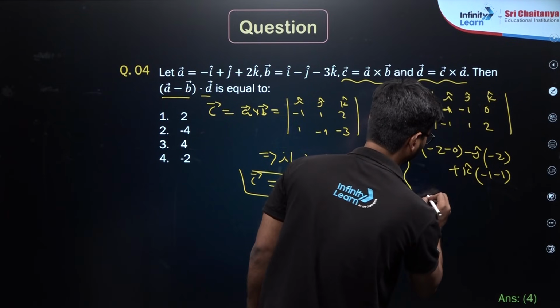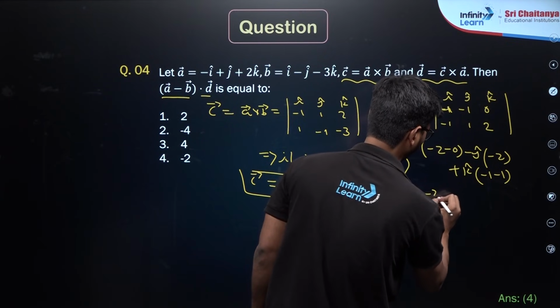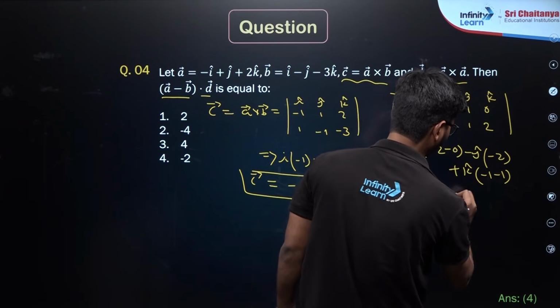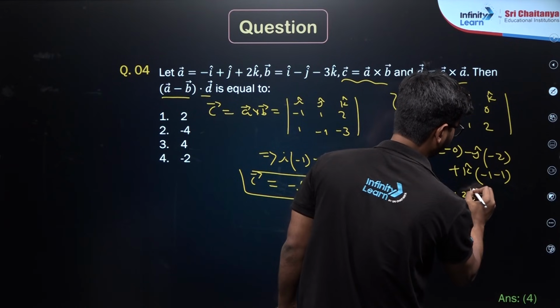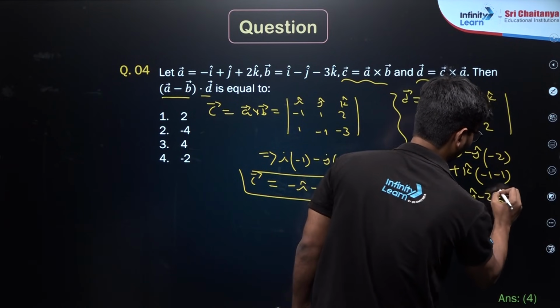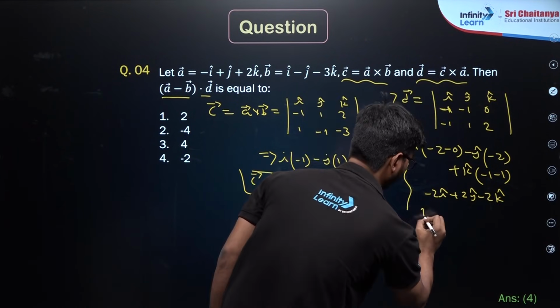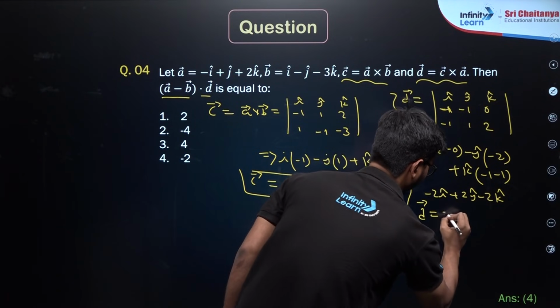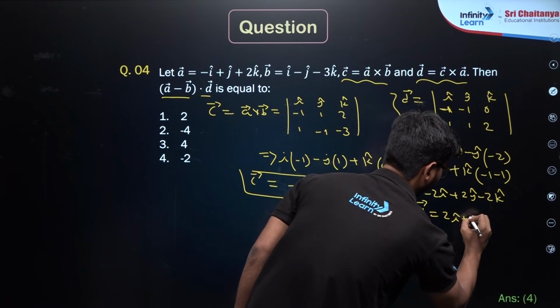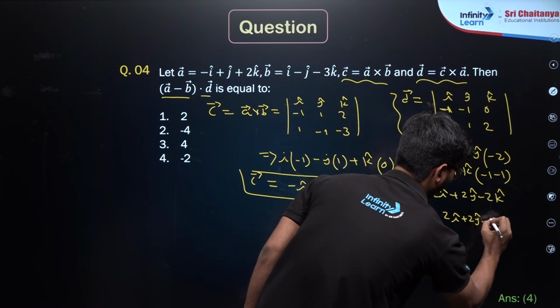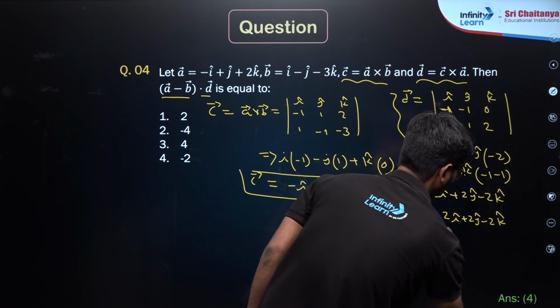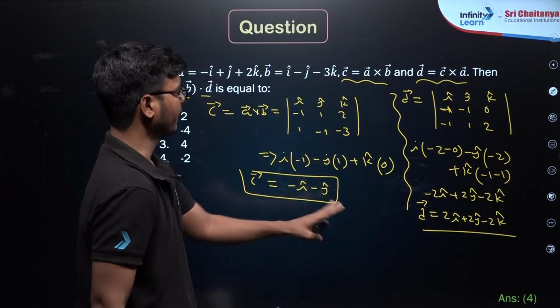So finally I am going to get minus of 2 i cap, plus of 2 j cap and minus of 2 k cap. So finally I am getting D vector as minus of 2 i cap plus of 2 j cap minus of 2 k cap, correct? So I got the value of C and D.